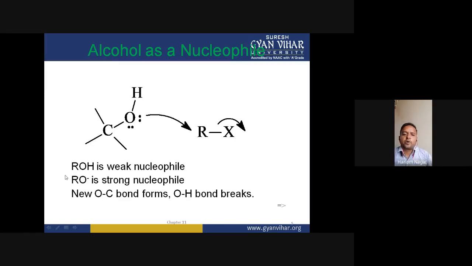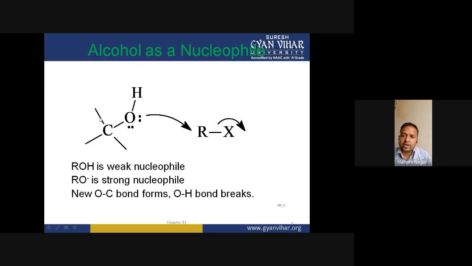If we talk about the nucleophilicity of the alcohol or alkoxide, then the nucleophilicity of the alcohol is weak. It means alcohol ROH is a weak nucleophile, while RO minus is a strong nucleophile. By removal of hydrogen in the form of H plus ion, there is formation of alkoxide, because the electron density shifts towards oxygen and negative charge is generated on the oxygen atom, just like this, RO minus.